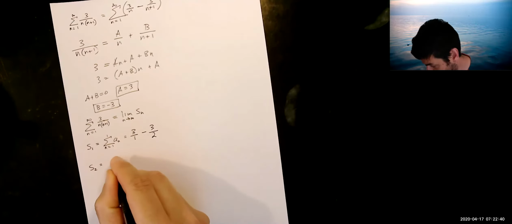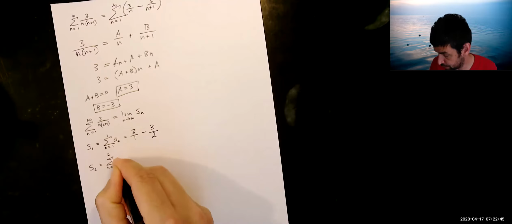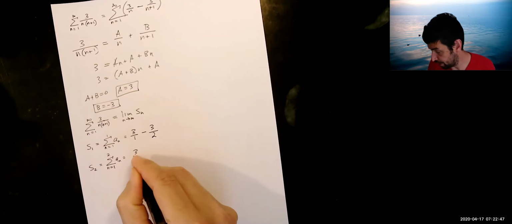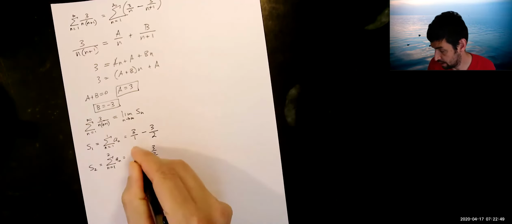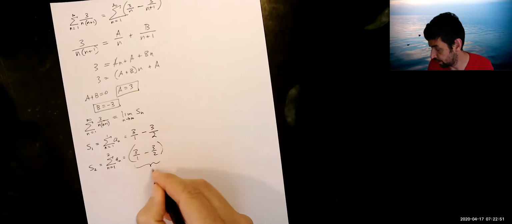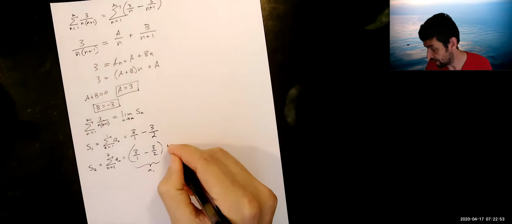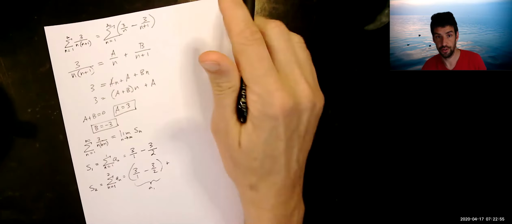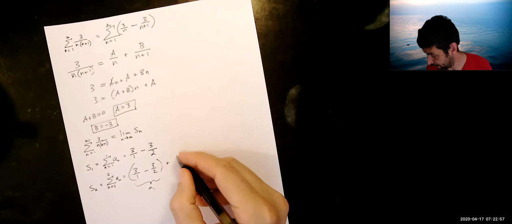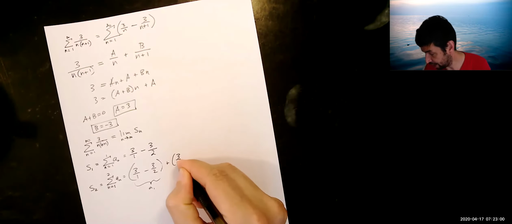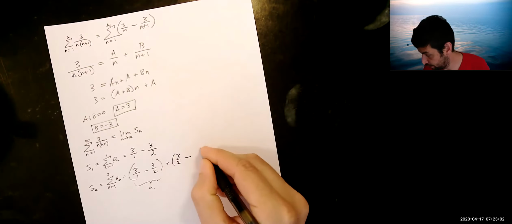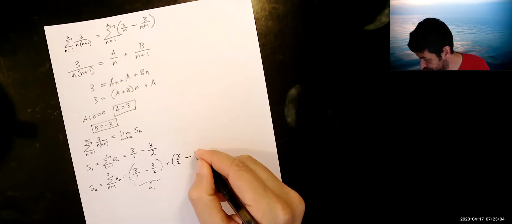S2, the second partial sum, is the sum from n equals 1 to 2 of a sub n. So I get the same first term, this is my a1, and then I put in 2 for n, and I get plus 3 halves minus 3 over 3. This is a2.